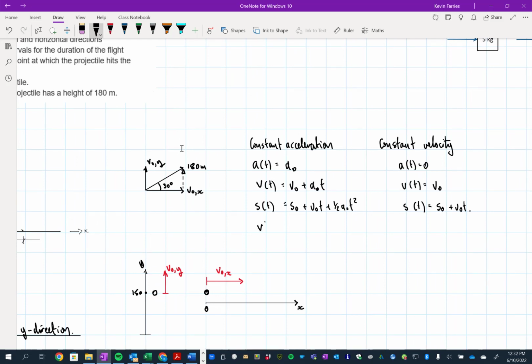So that equation is v squared at position s is equal to v naught squared plus 2a times s minus the initial position, initial displacement.